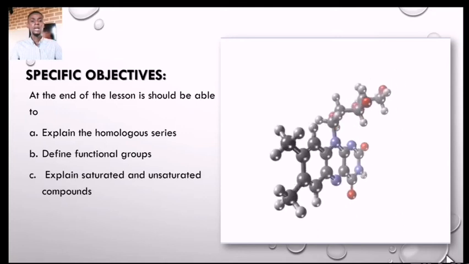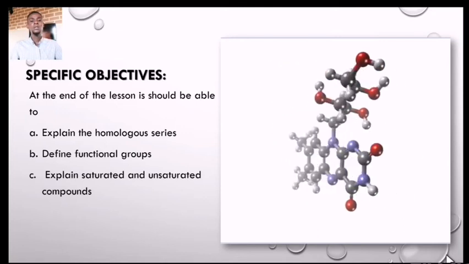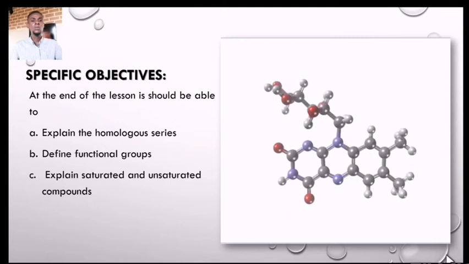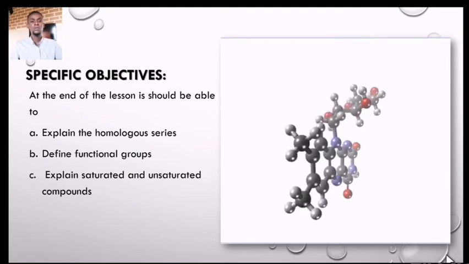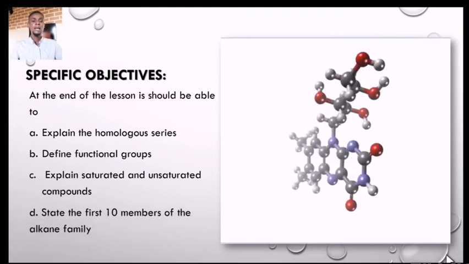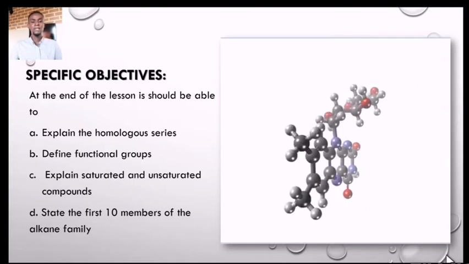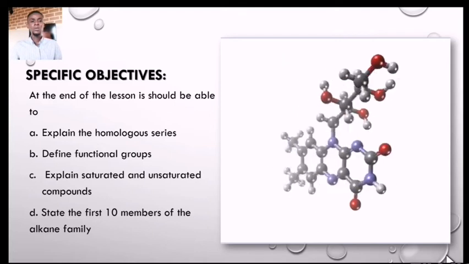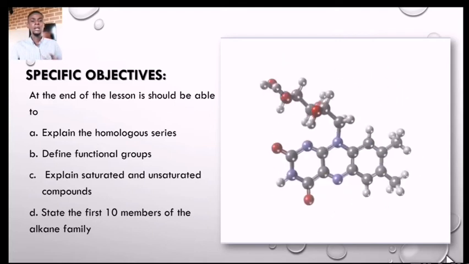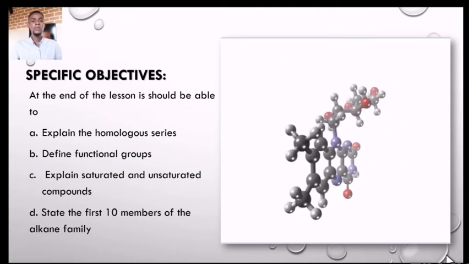Thirdly, you should explain saturated and unsaturated compounds. You should be able to tell me what saturated compounds and unsaturated compounds are. And lastly, you should state the first 10 members of the alkane family. Now this will help you understand organic chemistry or hydrocarbons as we advance.